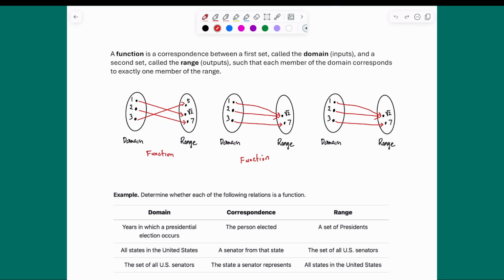So in this case, this violates the definition of a function because each member of the domain does not correspond to exactly one member of the range. For example, here, 2 goes to both the square root of 2 and 7. So this is not a function.